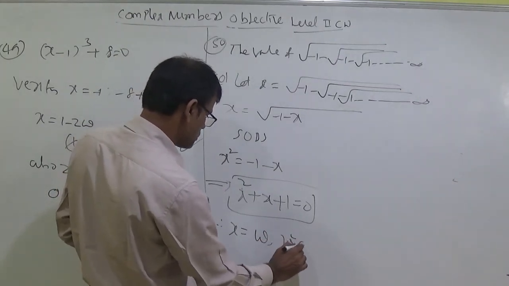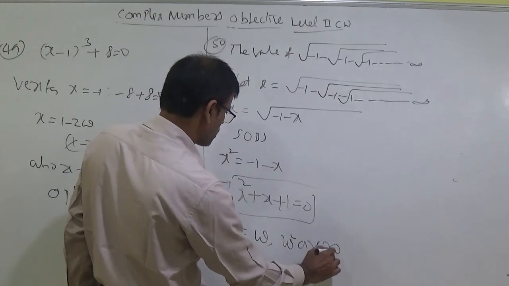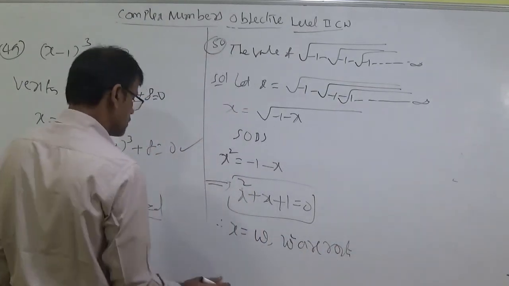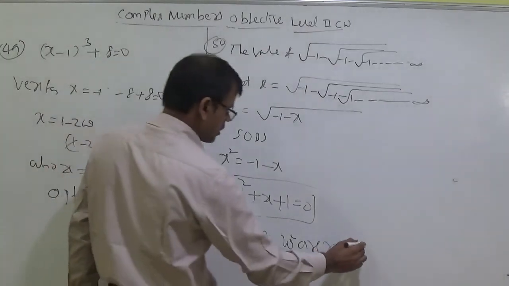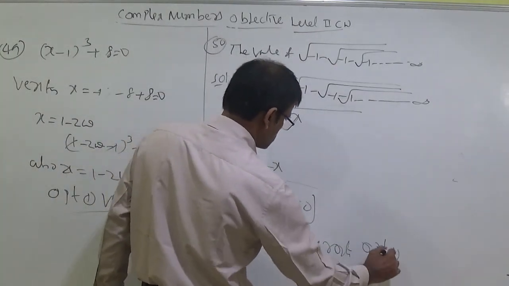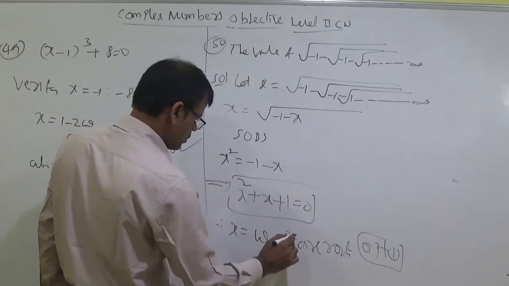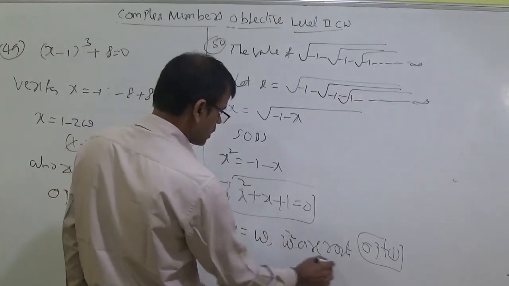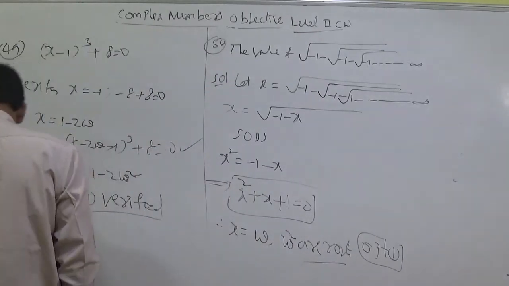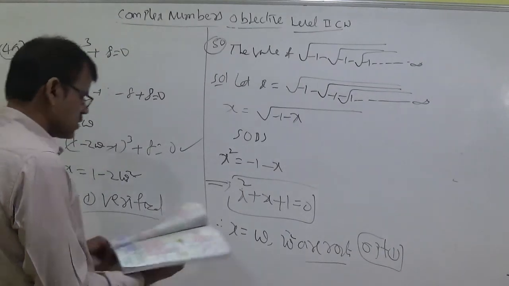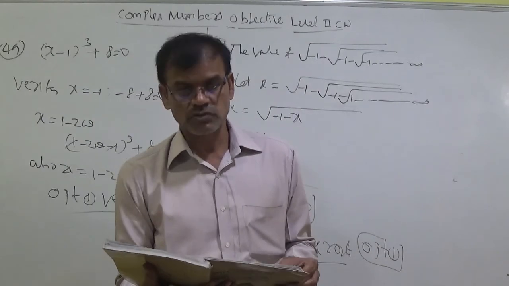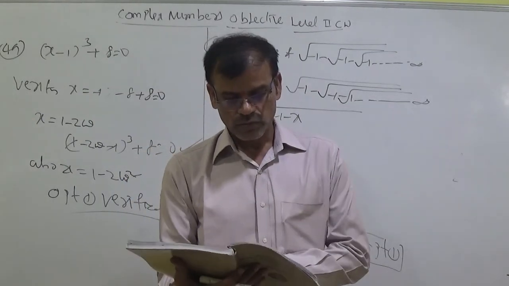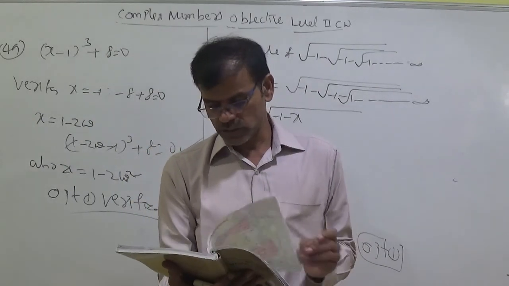So the value is omega, omega square. No need to write the roots concept. First option verified.